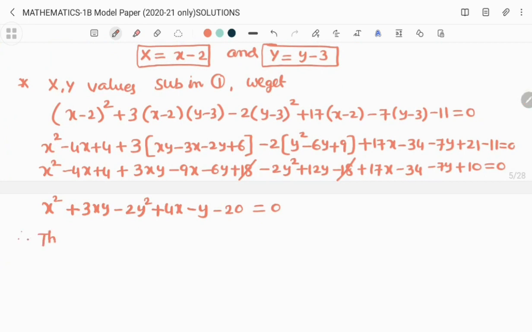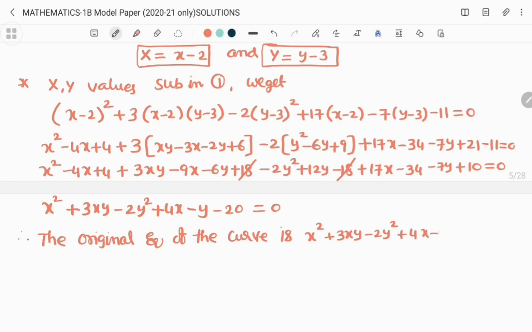Therefore the original equation of the given curve is x square plus 3xy minus 2y square plus 4x minus y minus 20 equal to 0.